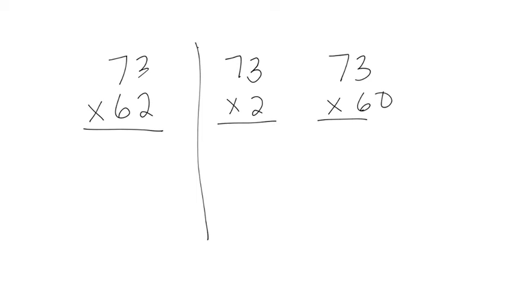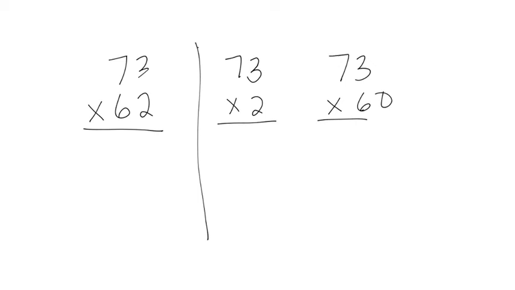Here we have our partial products, and we've added them together to get a total product of 73 times 62, 4,526. If you did not get it right, pause the video and figure out where you made your mistake and correct it on your paper.